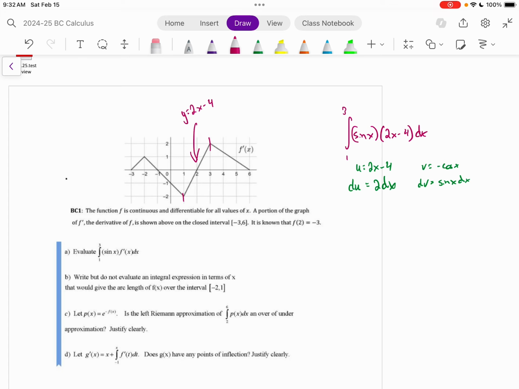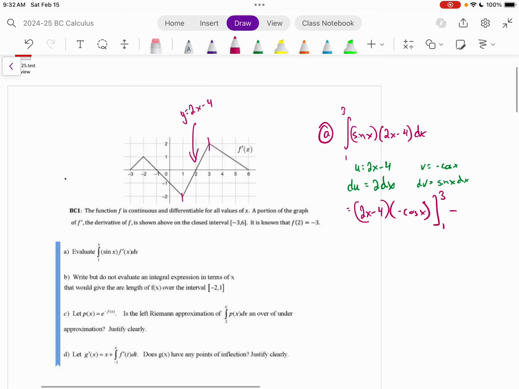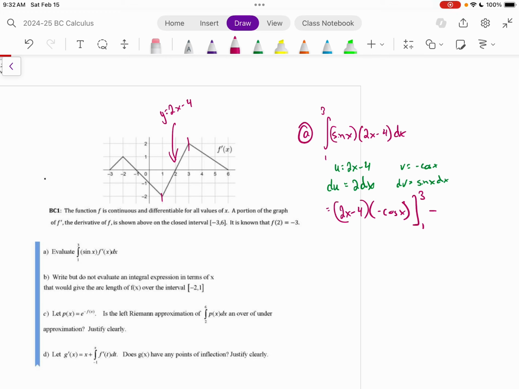So my whole integral would be equal to uv, that's 2x minus 4 times negative cosine x, evaluated at 1 and 3, minus the integral of 2 times negative cosine x dx from 1 to 3 also.